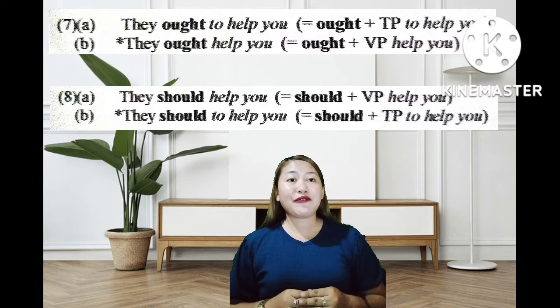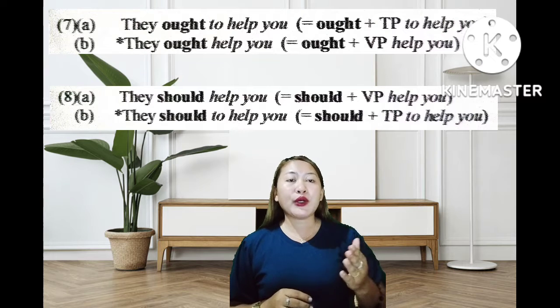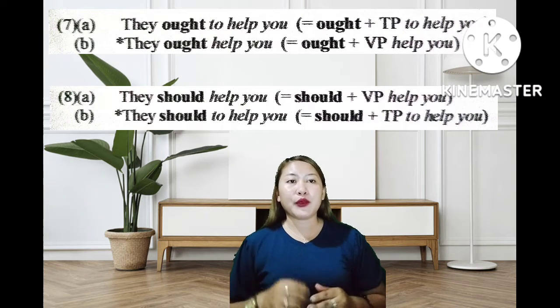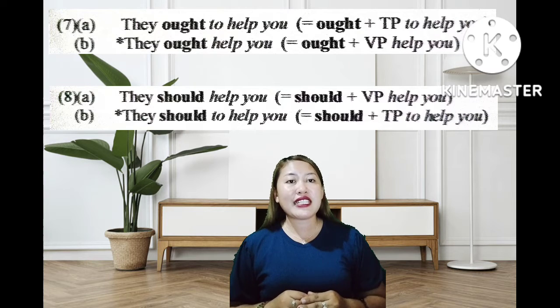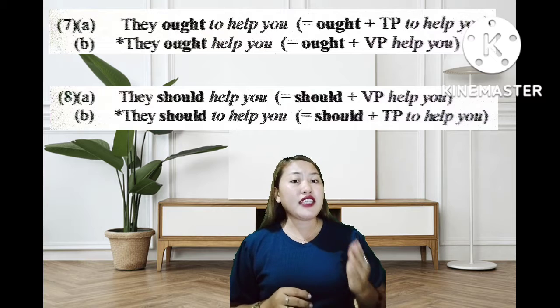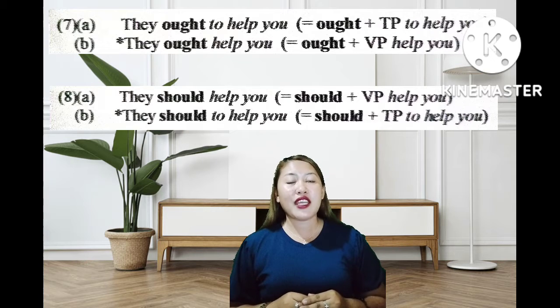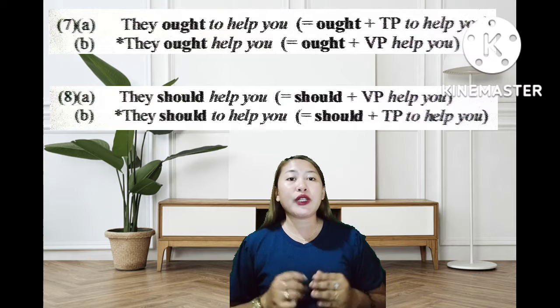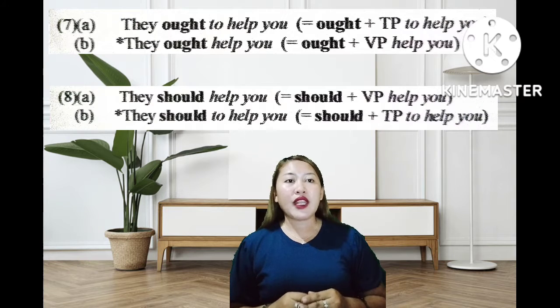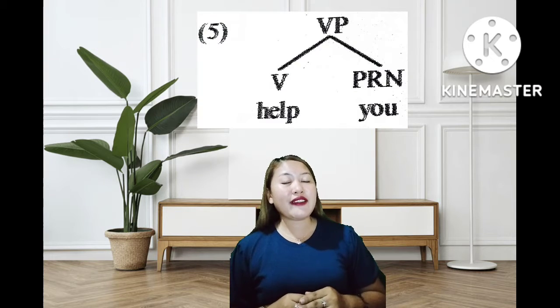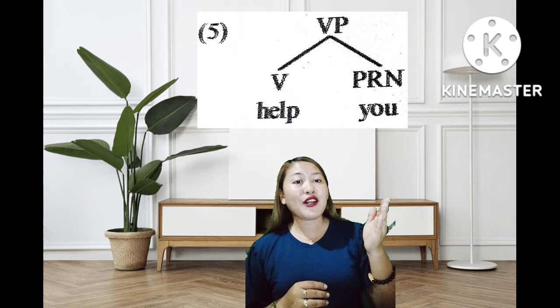The infinitive phrase to help you is formed by merging the infinitive particle to with the verb phrase help you. If infinitival to is a non-finite tense particle, and if to is the head of the phrase to help you, the structure formed by merging the infinitival T particle to with the verb phrase help you, as you can see in the tree diagram, will be a tense phrase.